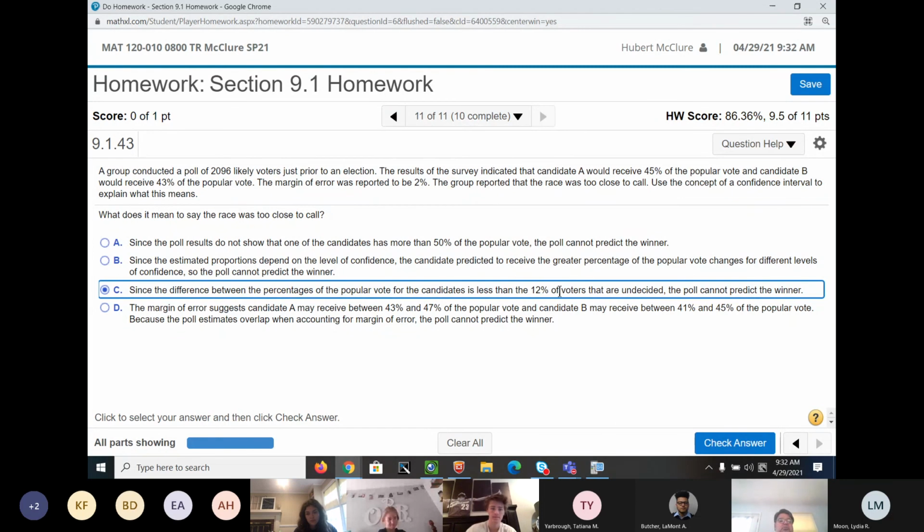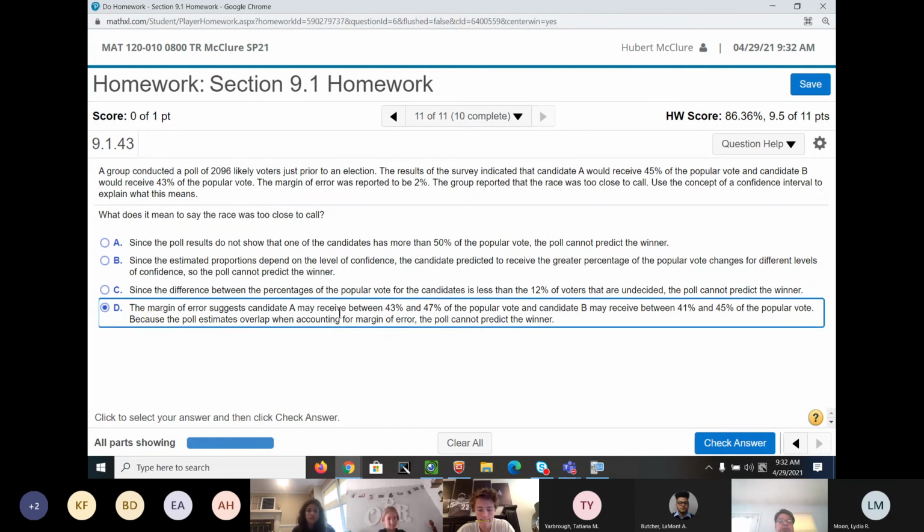"The margin of error suggests candidate A may receive between 43 and 47, and 41 and 45, because the poll's estimates overlap." There we go. I told you that. Then I'd say delta. That could be a test question.